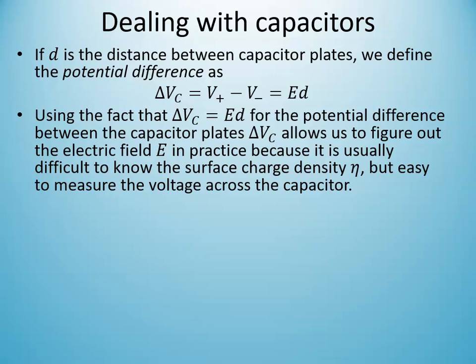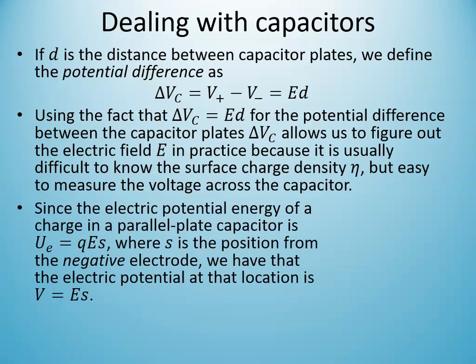So using that allows us to figure out the electric field in practice, because usually we don't know the surface charge density, but because we can use this to figure out the electric field, we can deduce the surface charge density after figuring out the electric field. The reason that's important is because it's high electric fields and high surface charge densities that can cause dielectric breakdown, which is something that we'll get into later in this unit.